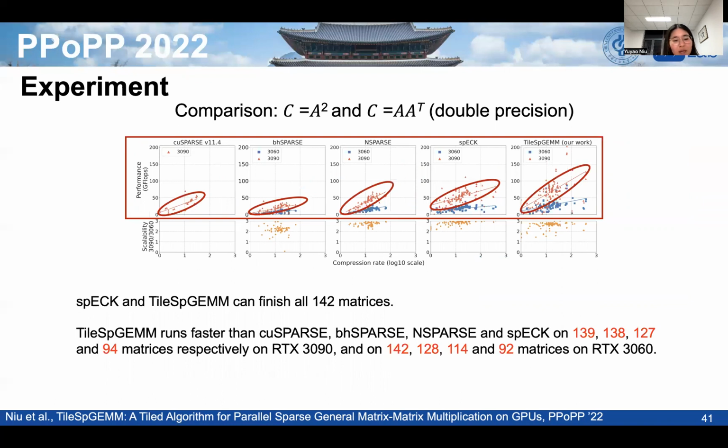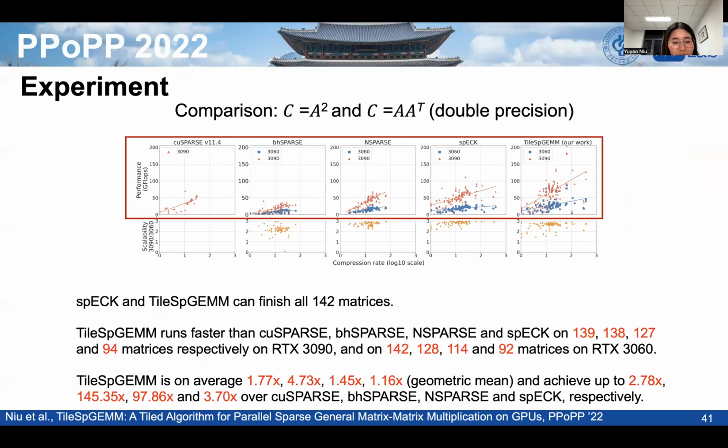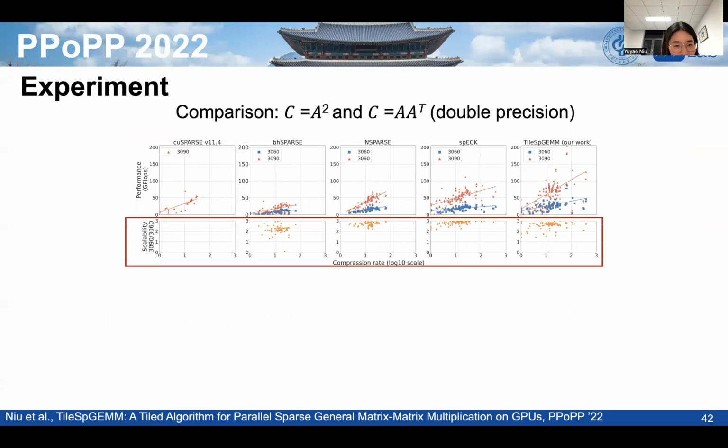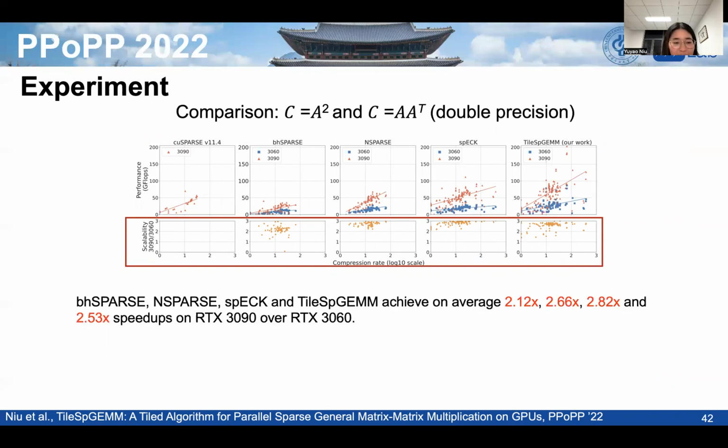The figure shows that our TileSpGEMM runs faster than the other 4 methods on most matrices, and we get on average 1.77, 4.73, 1.45, and 1.16 geometric mean speedup over the other methods. The sub-figures on the bottom show the scalability comparison. As we can see, the scalability of our method is greater than N-Sparse, but a little worse than PPoPP and SPEC.